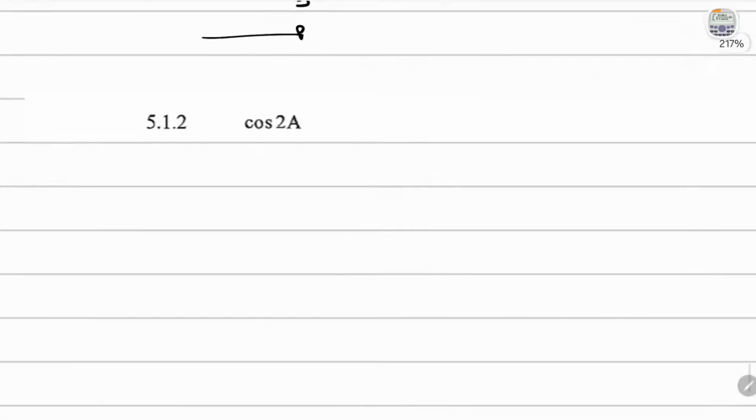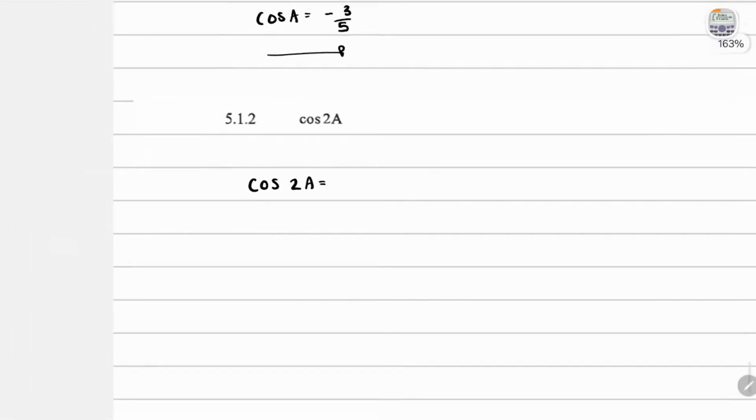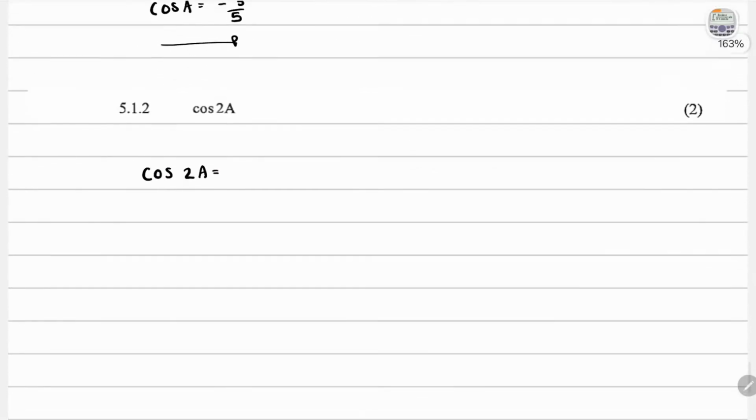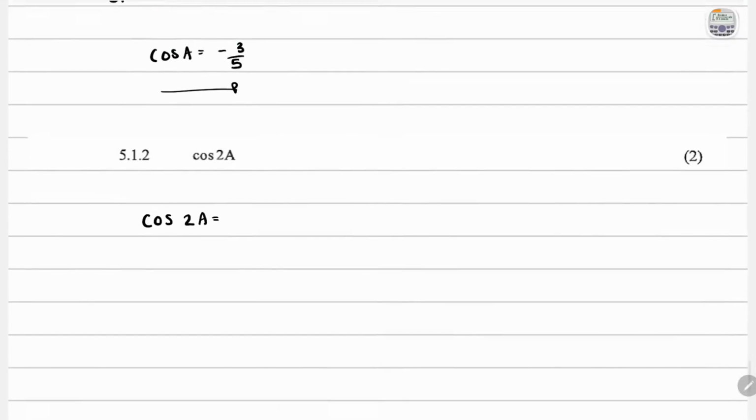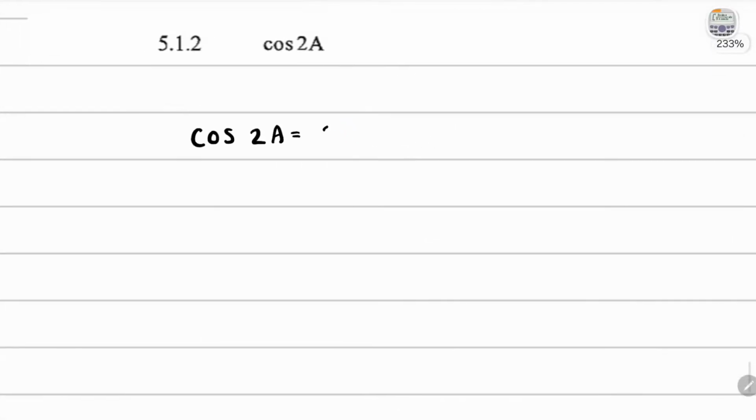Question 5.1.2 says we have to find the value of cos 2A. We need some sort of double angle expansion for this. Choose one that is simpler. Do you see that you have cos A already? So just choose one with cos A so you don't have to find anything extra. We'll say cos 2A is equal to 2cos squared A minus 1.